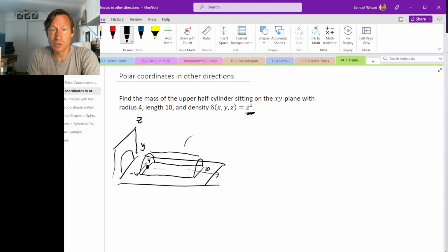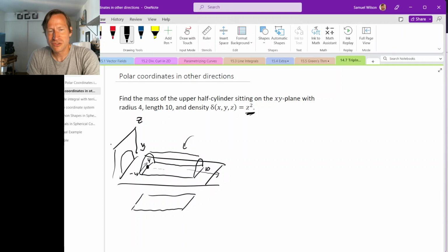Right, using polar coordinates for the xy plane would be a mistake because the shadow that this shape casts on the xy plane is this rectangle, and that would be very difficult to describe using polar coordinates. So by using polar coordinates for the yz plane, we can take advantage of the nice polar shape that this takes in the yz direction. Okay.